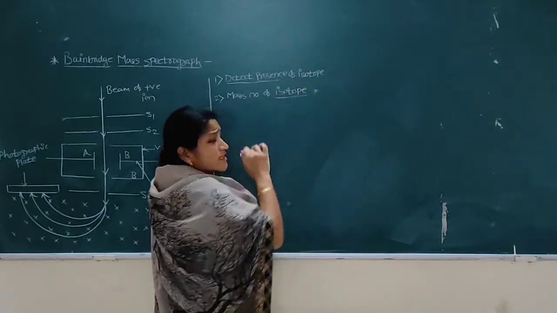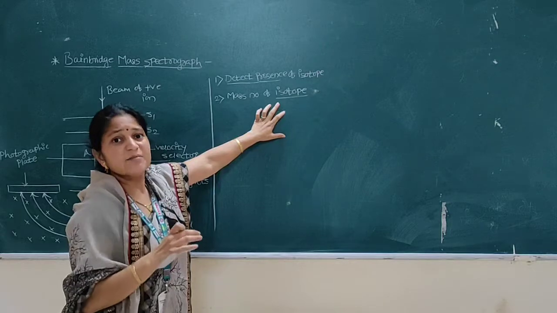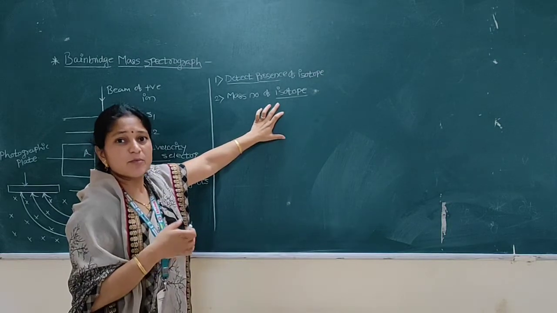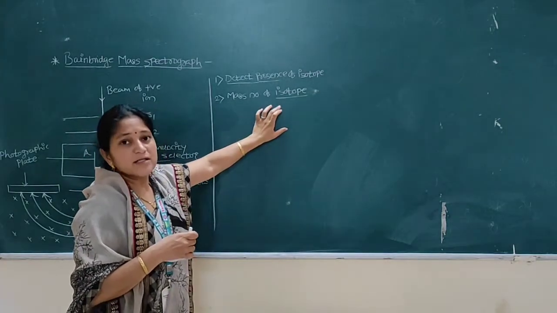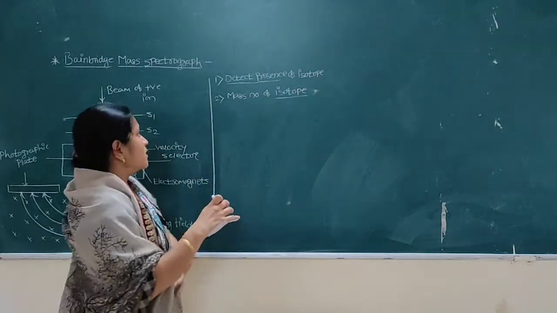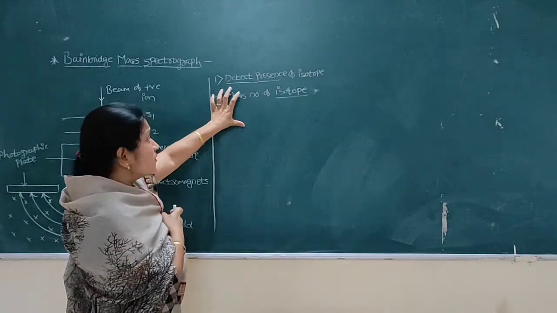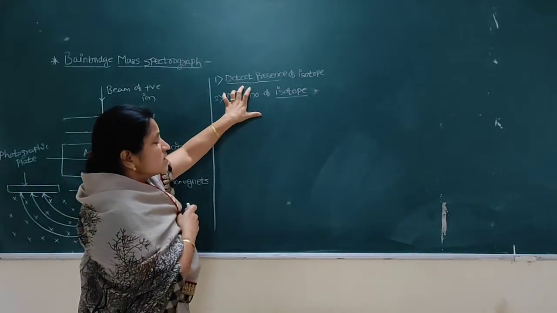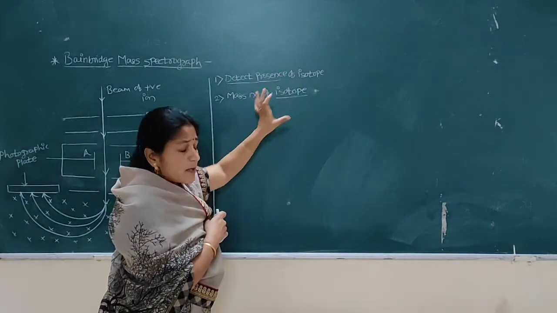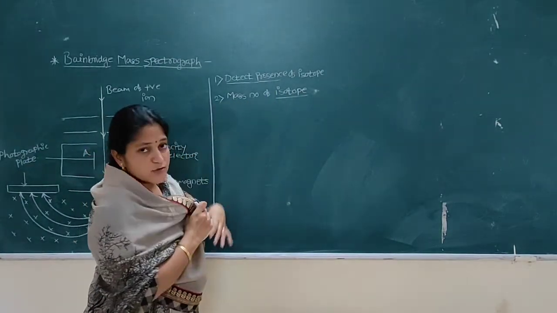Now we should know what is meant by isotope. Isotopes are elements having the same atomic number but different atomic weights, and that is nothing but the isotope.